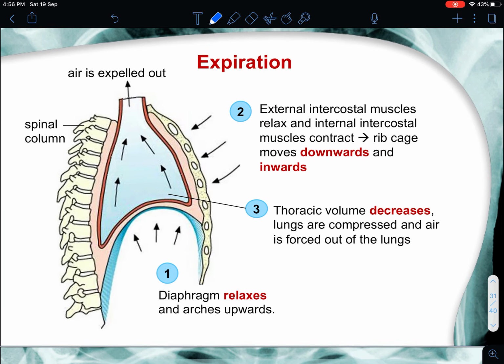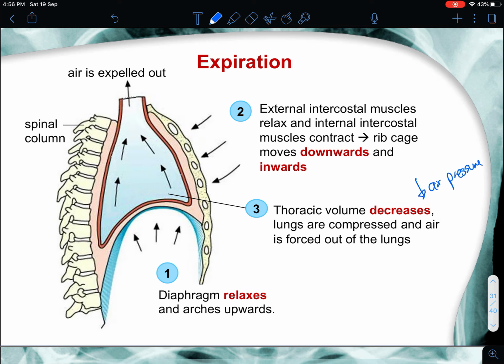Okay. For expiration, on the other hand, which is breathing out, your diaphragm relaxes. This will then result in your arch moving upwards, resulting in your external intercostal muscles relaxing, your internal intercostal muscles contracting, and your ribs will then move downwards and inwards. This will cause the thoracic volume to decrease in the lungs, and therefore the air pressure also reduces.